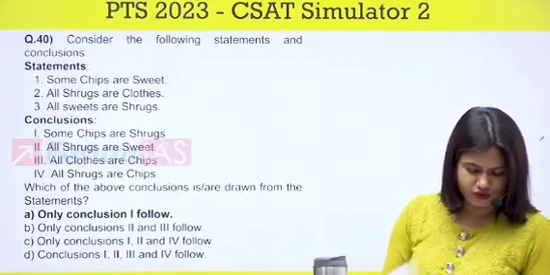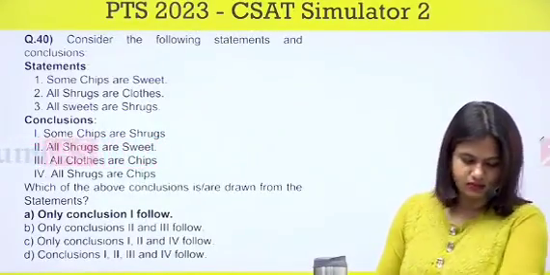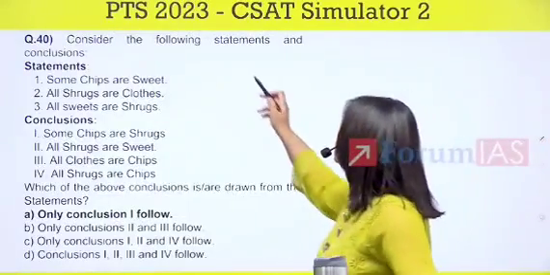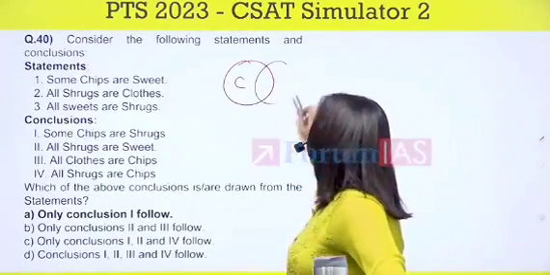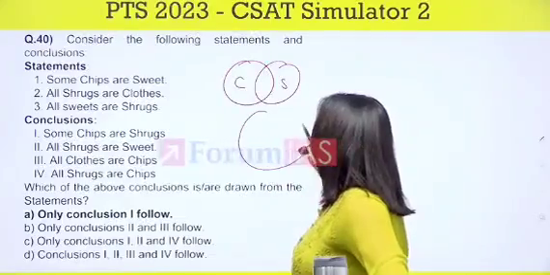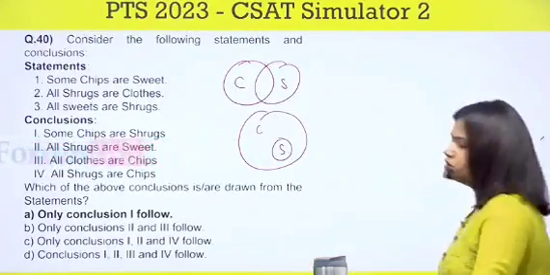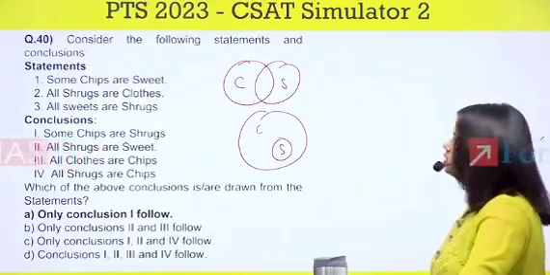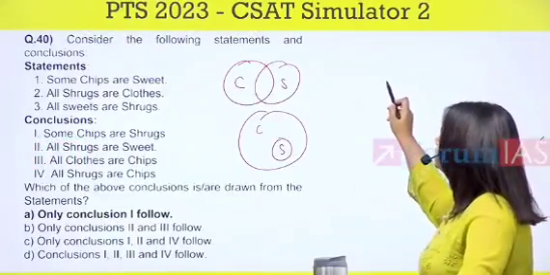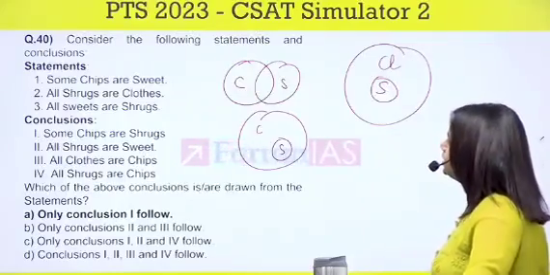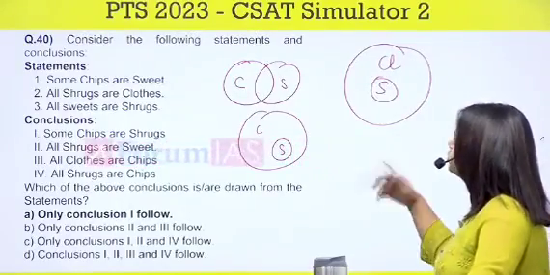Then question 40. Consider the following statements and conclusions. Some chips are sweet. All shrugs are clothes, right? And all sweets are shrugs.